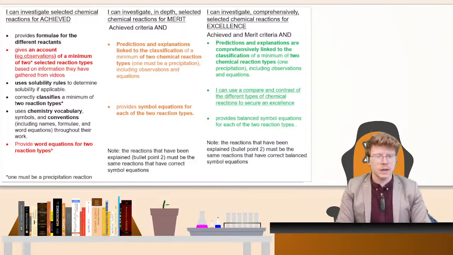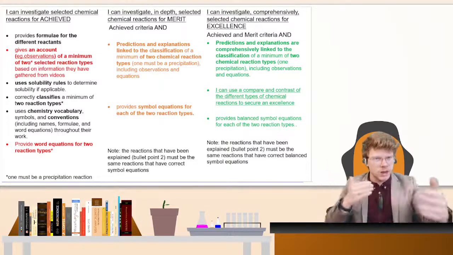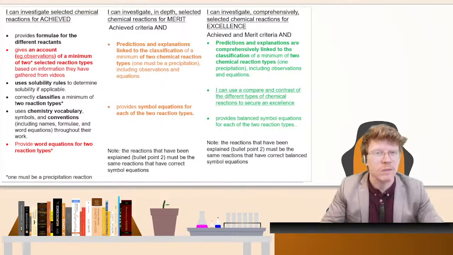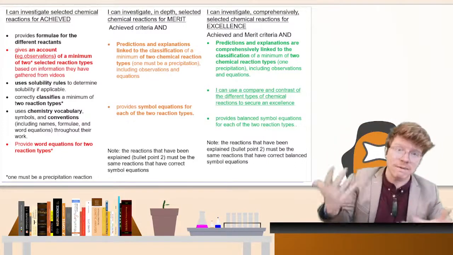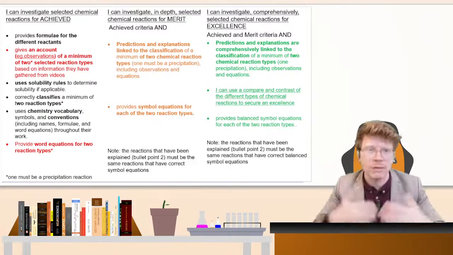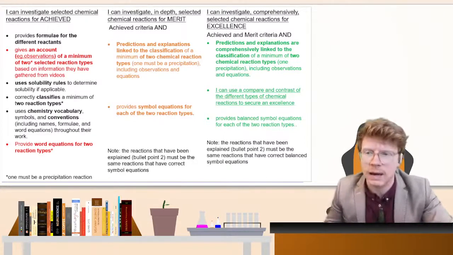And usually, I think you have to pick one of them as a precipitation reaction. So you compare the two together, and it's really easy for you to say, well, this is what we observed, and therefore this is this reaction compared to this other one. So here's what's the same, what's different, that sort of thing.